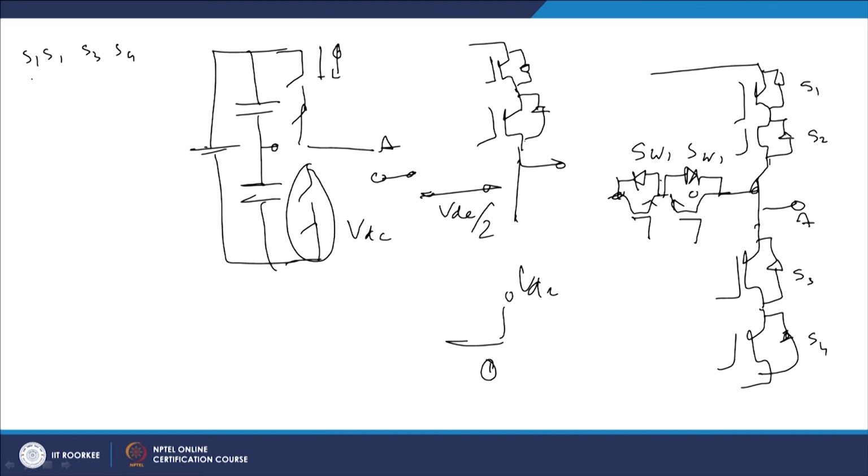So, S1, S2 should be 1 and S3, S4 should be 0. So, you will connect the positive DC bus voltage.